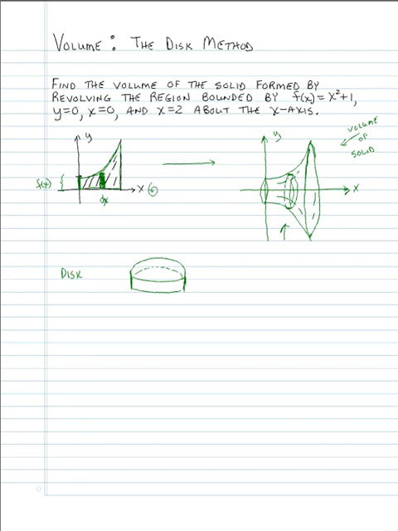In other words, this dimension right here is the dx dimension that we referred to. This disc also has a radius, because it's a circular disc. In fact, it's a right circular cylinder. Let's imagine this radius. That radius is really this f of x. It's the height of that strip. So the radius here is actually f of x. Remember, this is a right circular cylinder.